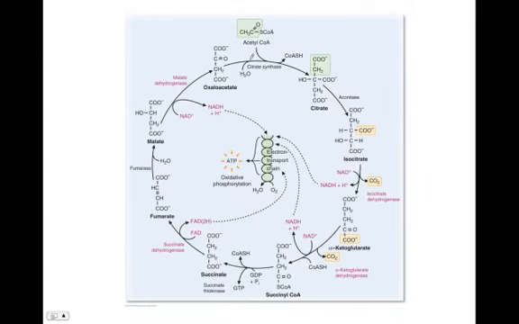So in the first reaction, we have acetyl-CoA being converted to citrate. The enzyme here is citrate synthase. The synthase catalyzes a condensation reaction in which a nucleoside triphosphate is not used for energy. In this case, we're going from a C2 molecule to a C6 molecule by the addition of oxaloacetate.